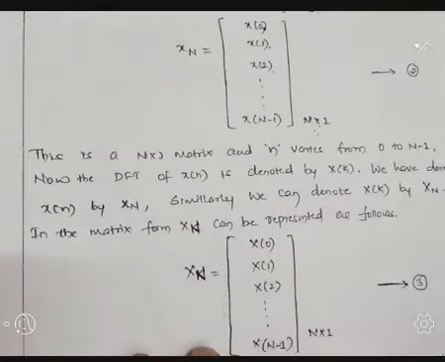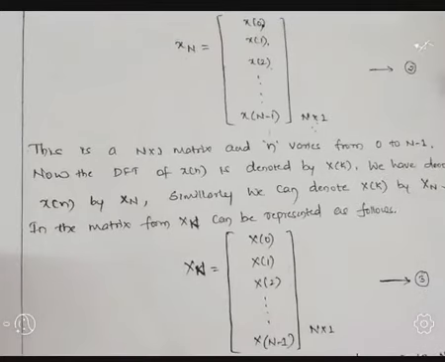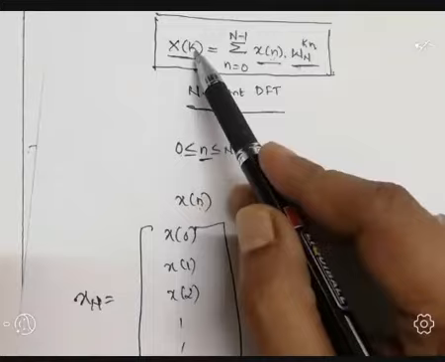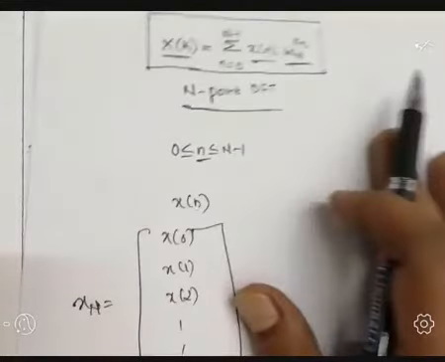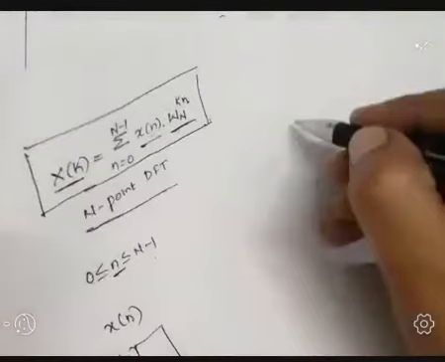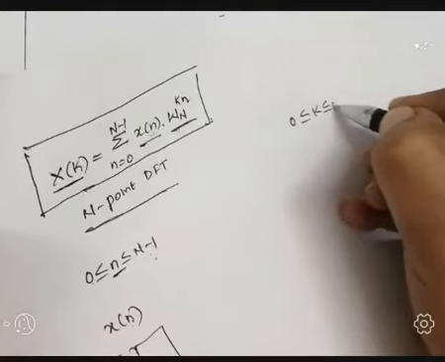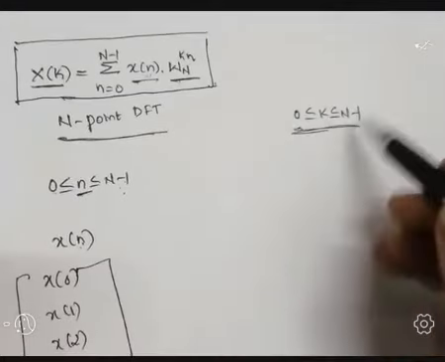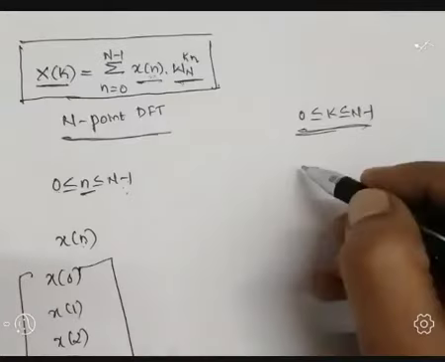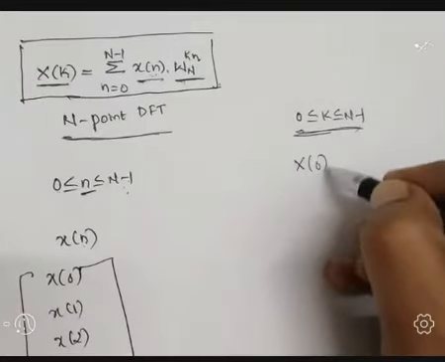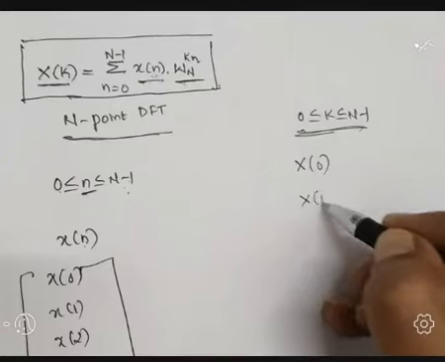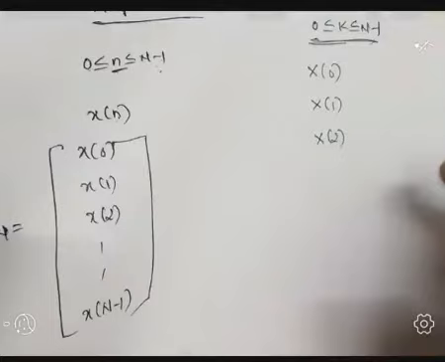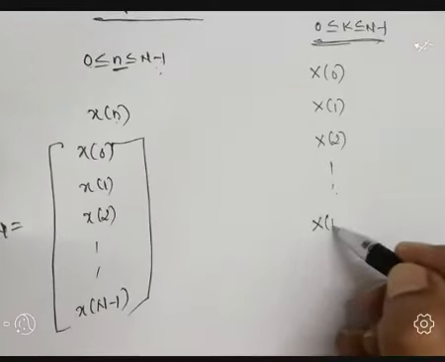Similarly, if you represent X of k in terms of matrix format, here also the value of k varies from 0 to N minus 1. So X of k we can write as capital X of 0, capital X of 1, capital X of 2, so on up to capital X of N minus 1.